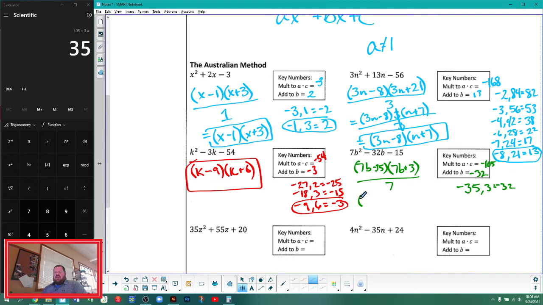So I'm going to get 7 times b minus 5, because if I distribute that, I get 7b minus 35, and 7b plus 3 in this one. And that's all going to be divided by 7. I'll cancel out those 7s, and I get factored out b minus 5 times 7b plus 3. And there we go.